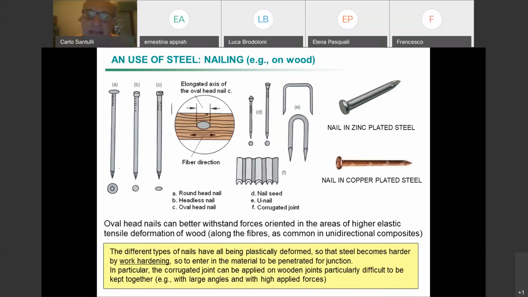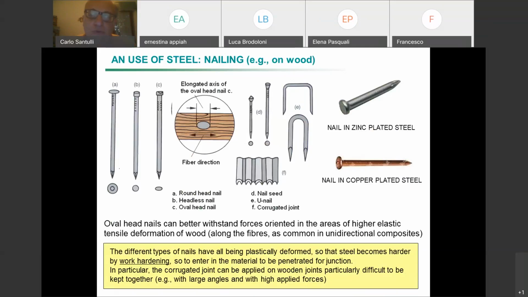There are other elements which constitute the alloy, which you will gradually know. And use of steel, one of the first uses of steel, and one of the most successful uses of steel, which is still going on after hundreds of years, it's nailing.